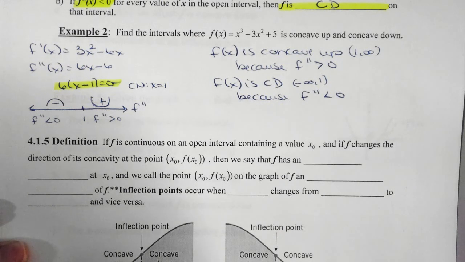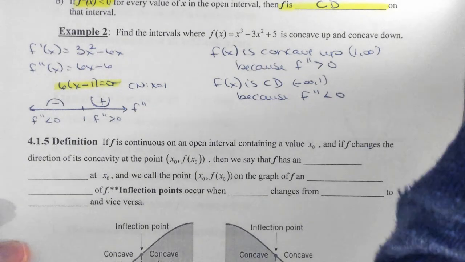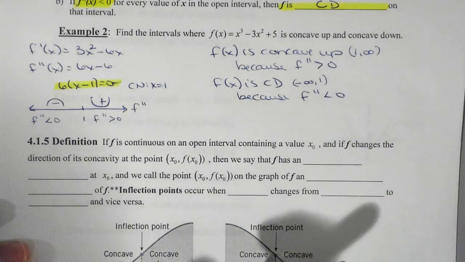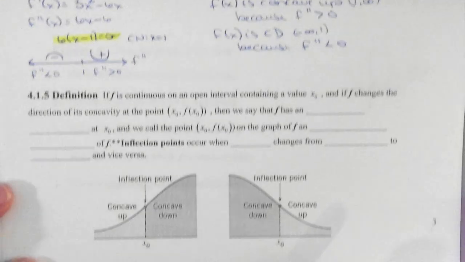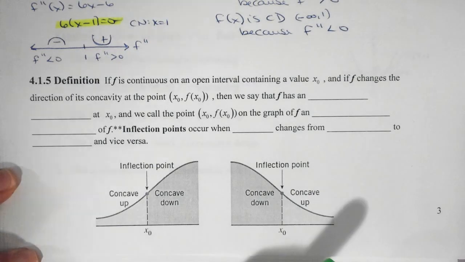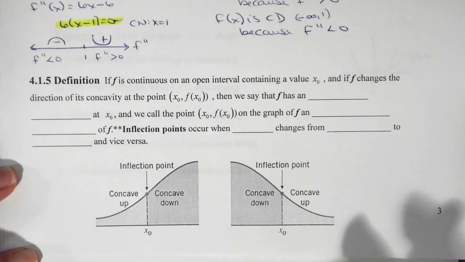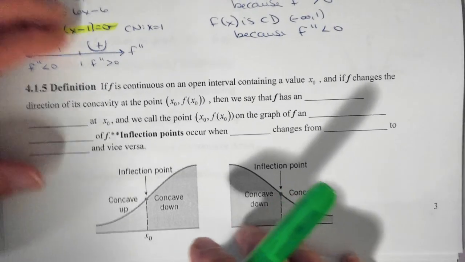Okay, in addition to determining the intervals over which our function is concave up and concave down, we can also determine what's called points of inflection, whether we just use the x-coordinates or we actually have to find the original points.